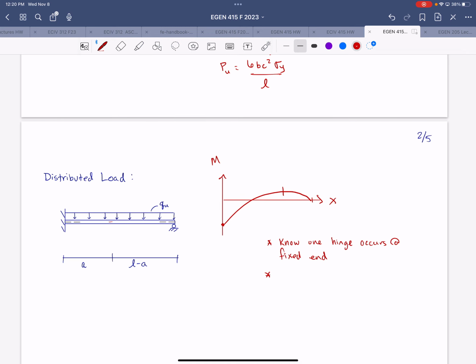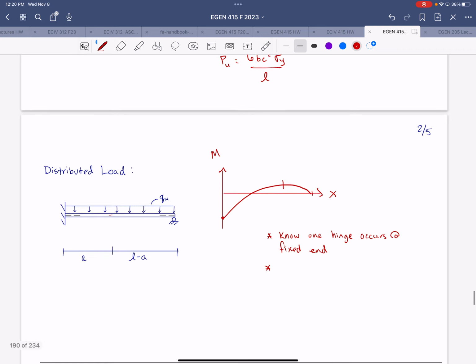We don't yet know exactly where the second hinge will be. When you have a point load, you can conclude that there will be a plastic hinge directly under the point load. But for a distributed load, it's not as straightforward. You have to solve for that location. So I'll say I don't yet know.